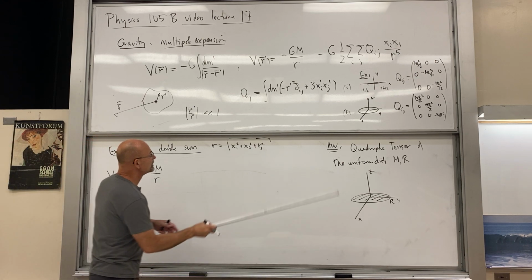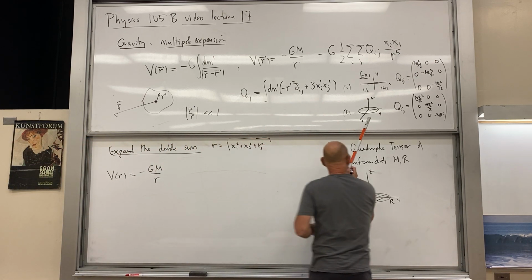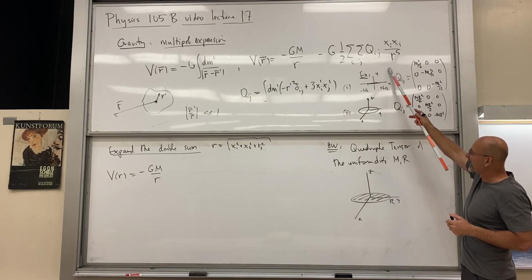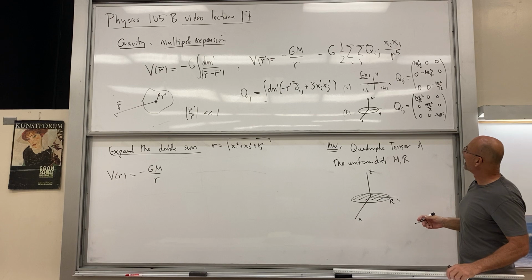And now it's just bookkeeping, but I'm not going to expand them out for all the off diagonals. We'll just expand it out for the case where we just have the diagonals.